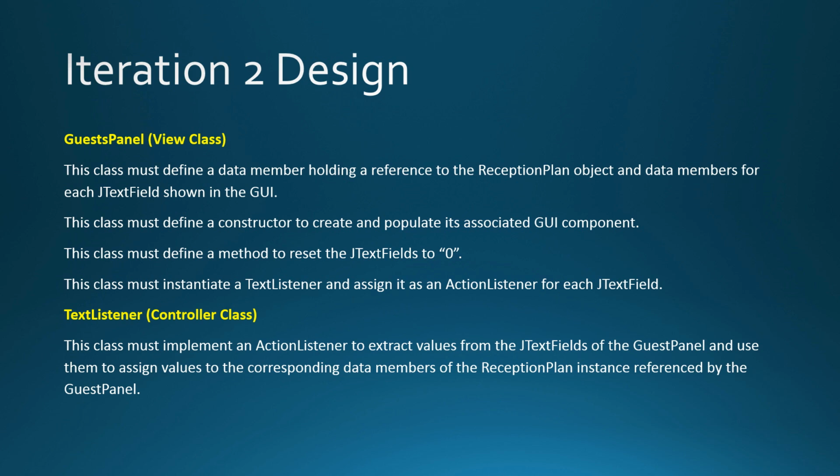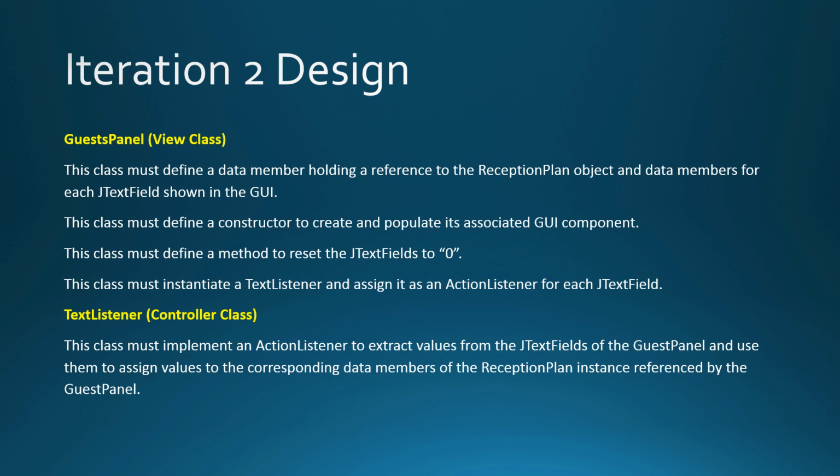The controller, which is our text listener, has a very important job to do. First of all, when it detects an event, it's going to be an event that's associated with the completion of an entry in one of the text fields. It's got to do two things. The first thing it has to do is extract the values from the text field.